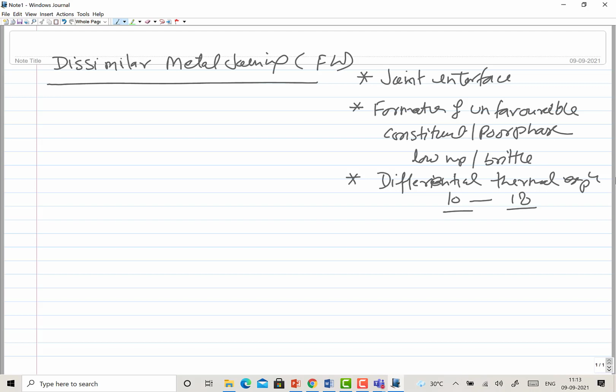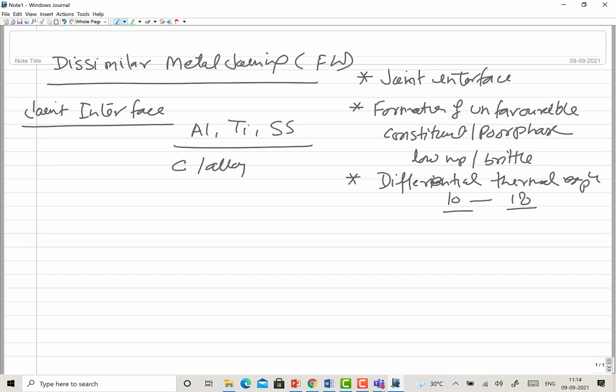Okay, so starting with the first one, where we have to see the joint interface. In case of dissimilar metal joining, you may have completely different kinds of issues. Say one metal is aluminium, titanium or stainless steel, being joined with another metal, simple carbon or alloy steel.